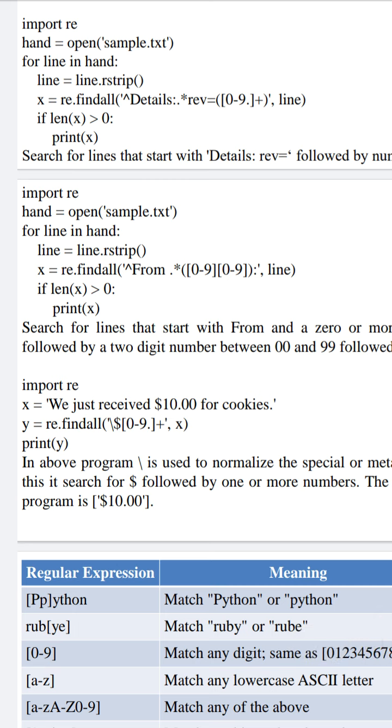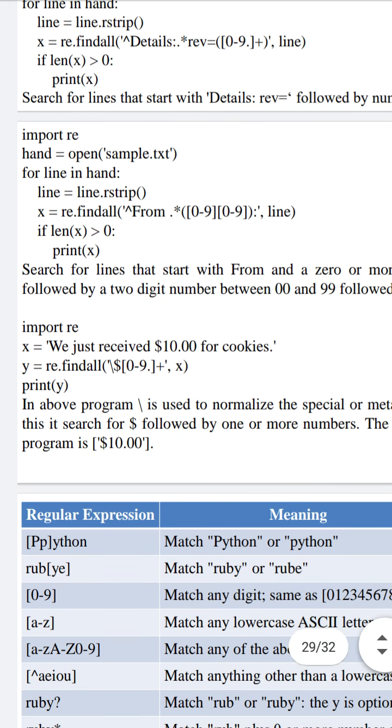Import re and open sample.txt. Again we opened the sample.txt file, read line by line, and applied the rstrip function to remove the newline character. In this, if you observe, we are stating that a particular line should start with Details: colon.